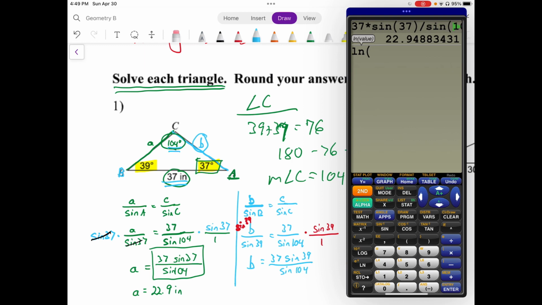So it's going to be 37 times the sine of 39 over the sine of 104. Now, our answer for side B is going to be very close to my answer for side A because 37 and 39 are pretty close. Side B will be a little bigger because its angle is bigger. So we can just type this in.